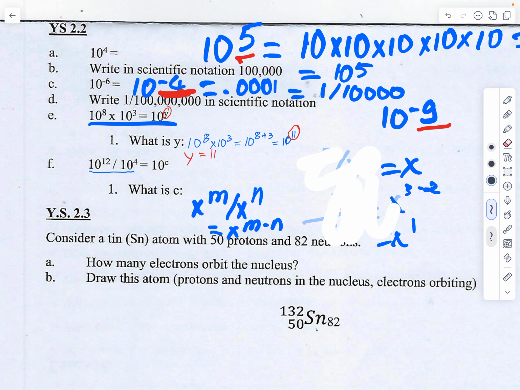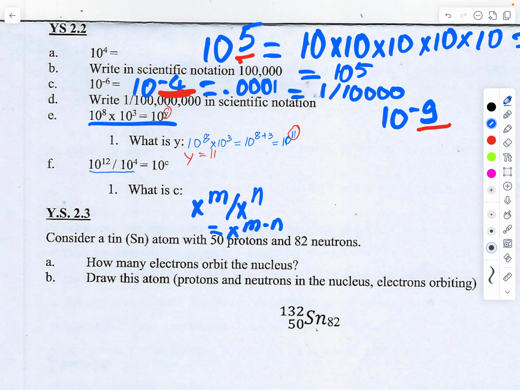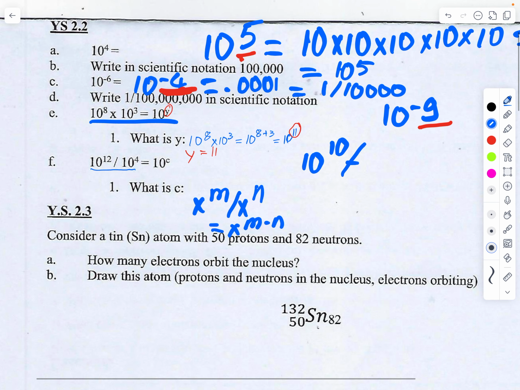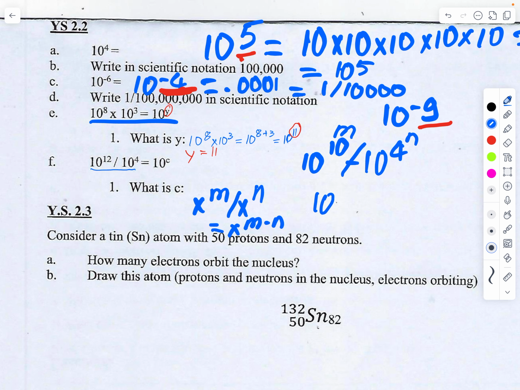So let's do this problem. I would give you guys 10 to the 10th divided by, let's do 10 to the 4th. So this is m, this is n. It would be 10 minus 4 equals 10 to the 6, right?